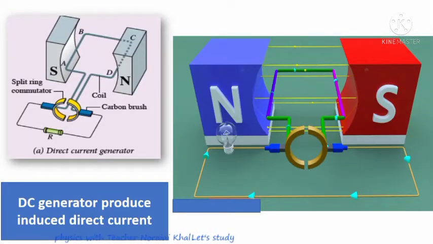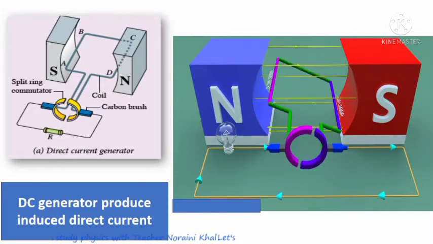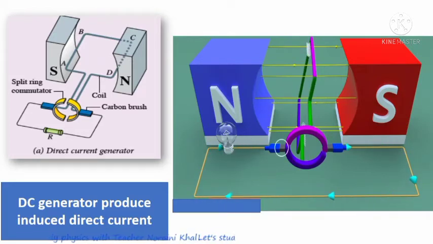Observe what happens to the flow of current. The use of the commutator is to ensure that the induced current produced always flows in the same direction.